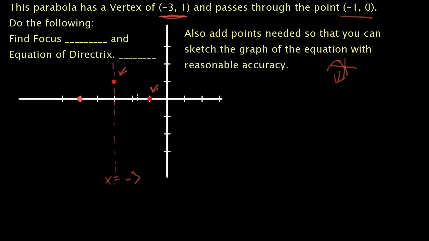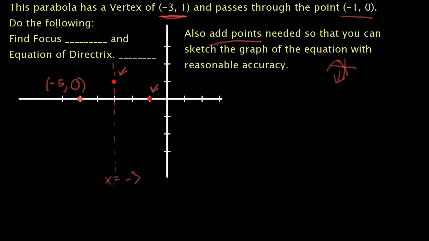So if I can go 2 over at 0 and hit there, then I can go 2 over the other direction and hit here. And I'm going to label that as -5, comma, 0. That is one of these add points. I've got that right off.